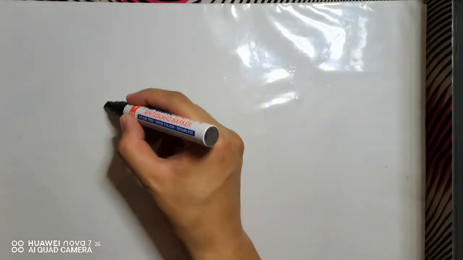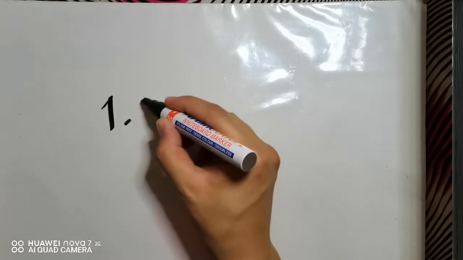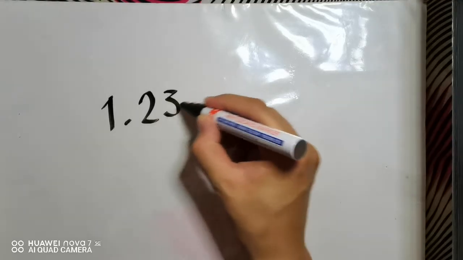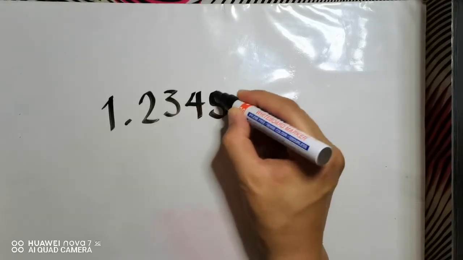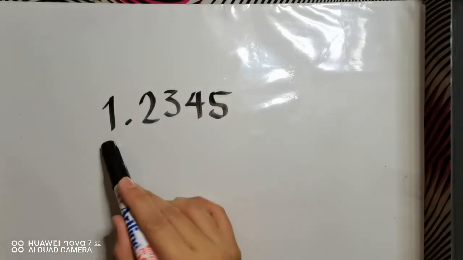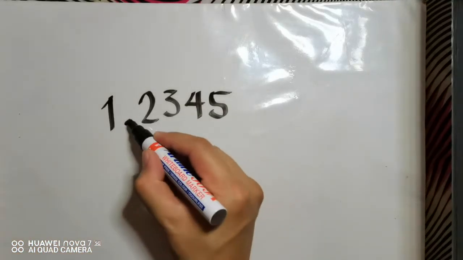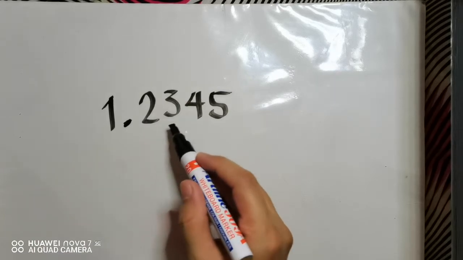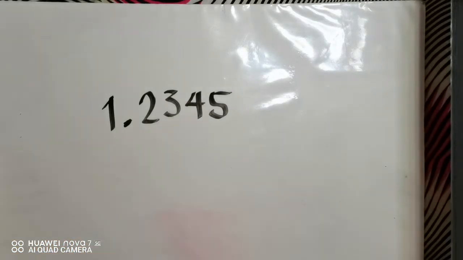Okay? So, meron tayong tinatawag na whole number, and then on the other side naman, we call that the decimal. So, paano ba yon? So, let's say we have a number here. So, we have 1, and then this is a decimal point, 2, 3, 4, and then 5.